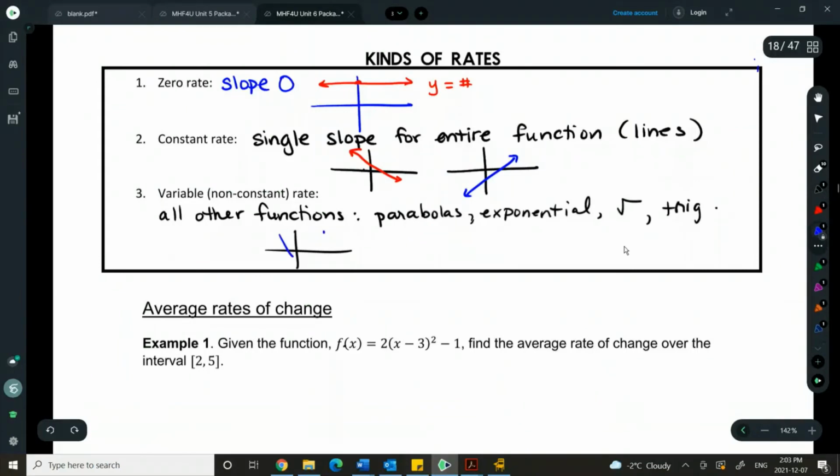That's because if I have a curve, then of course I can't have one singular slope here, and I have all these different tangent lines going along here that all have different slopes.